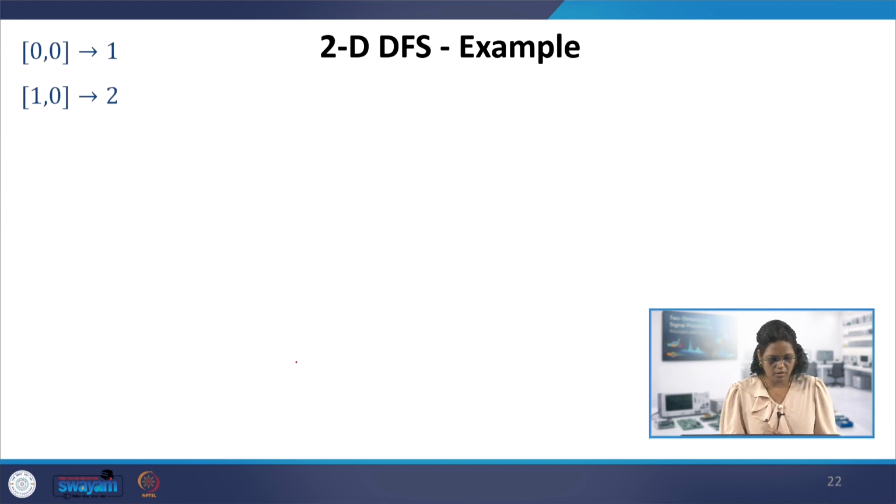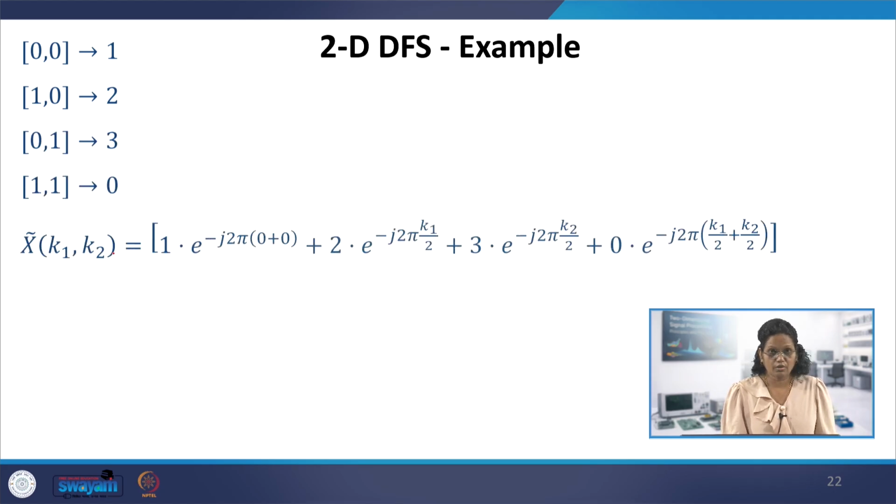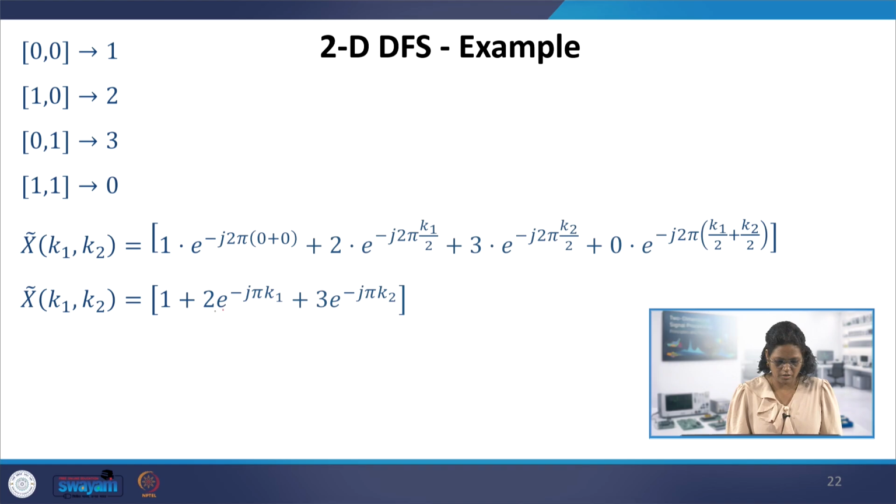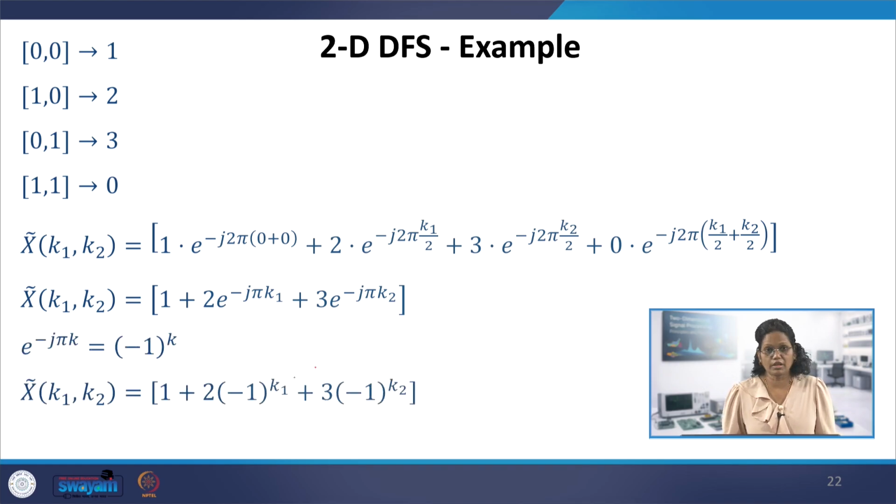Computing these coefficients x tilde of k1, k2, we substitute the n1 and n2 values and get the equation in terms of k1 and k2. This is going to be minus 1 times e power minus j pi. The simplifying steps are shown here, x tilde of 1, 2, and this.